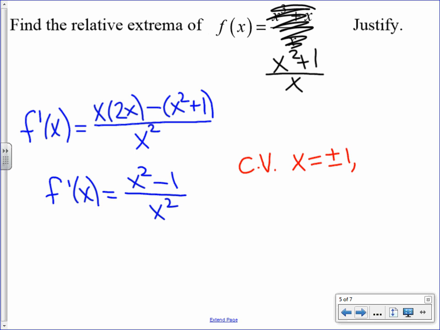And where is the derivative undefined? 0. Which is good because what's happening in our original function? That's where we have an asymptote, right? So that should appear as a critical value. Okay. So now we'll make a sign chart with -1, 0, and 1.